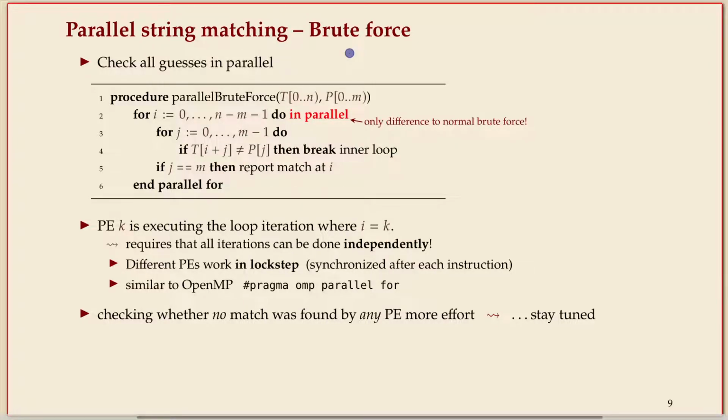Let's go back to the brute force algorithm for string matching. I've copied this on the slide. It's almost literally the same as what we had in the last unit. What I added, obviously, is the red part. I'll comment on this type of parallel pseudocode in a second. One thing that I took out was the sequential brute force method's return no match at the end, if none of the iterations returned a match. We don't do that here.